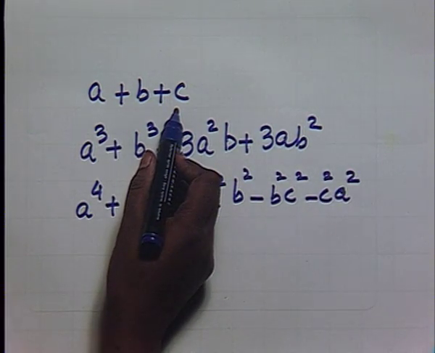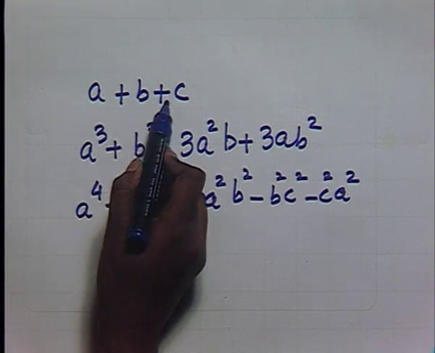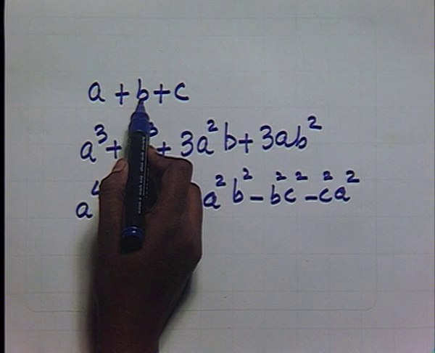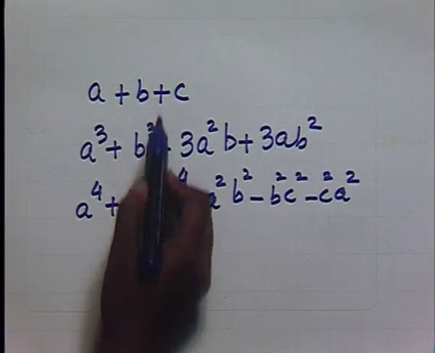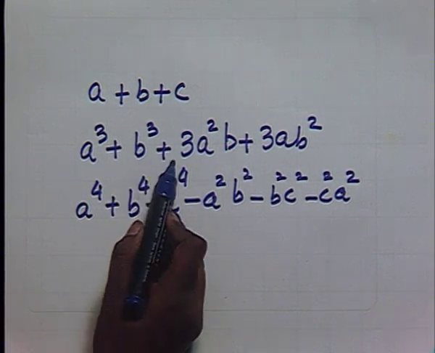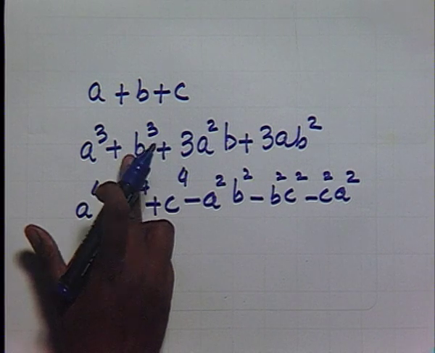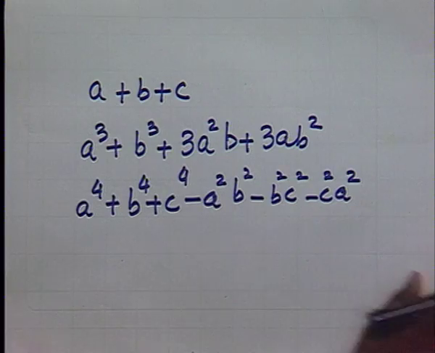They are symmetric because you can see that if we interchange any two letters in this expression, for example, if we interchange b and a, the expression remains the same. Similarly, here also if we interchange any two letters a and b, this also remains the same. Similar is the case with this expression.